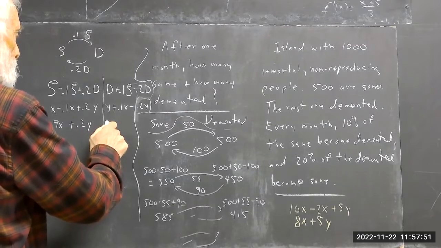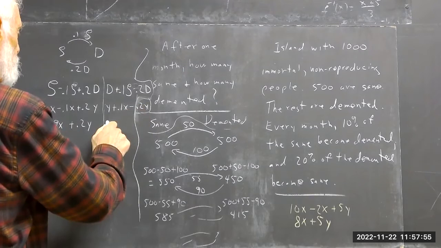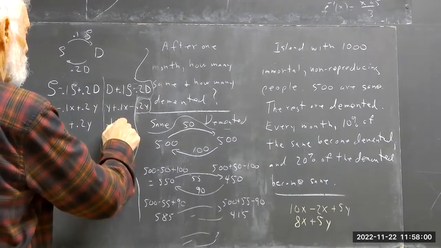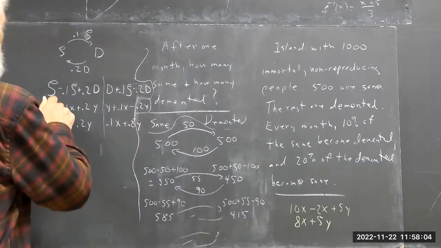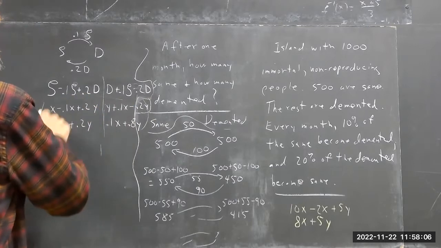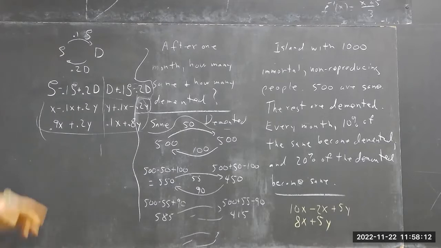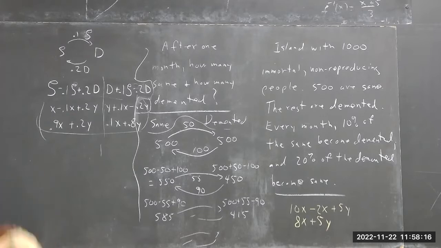And this is, you've got y minus 0.2y. We'll do a 0.1x plus 0.8y. I'll just put this in parentheses because it's easier to see, especially since a lot of you are still reading my S's as 5s sometimes and not others, okay?